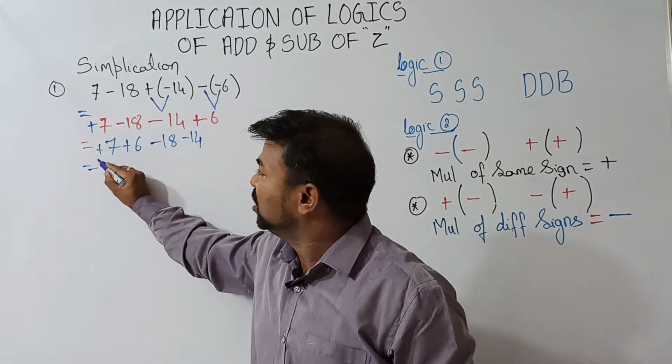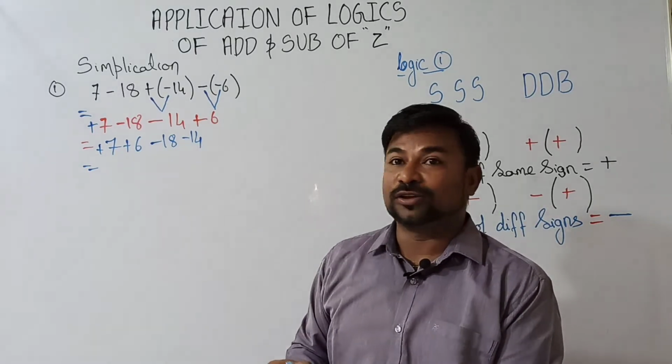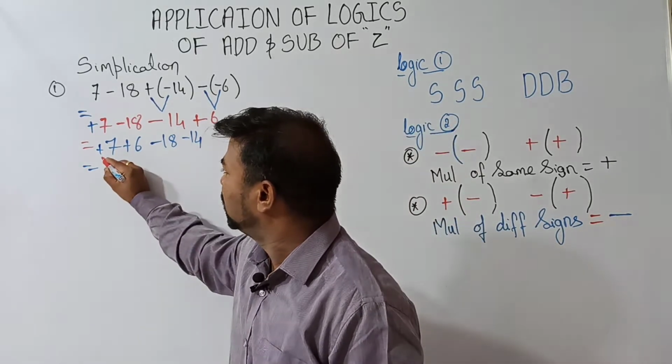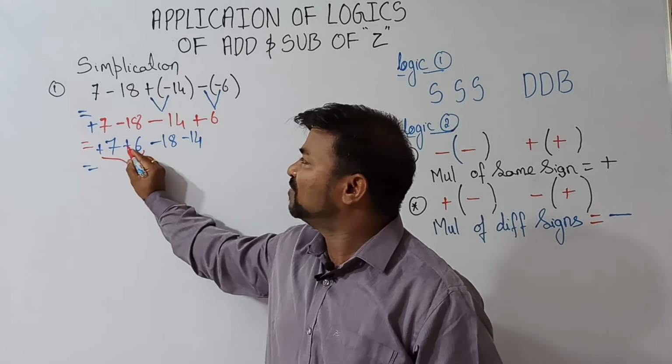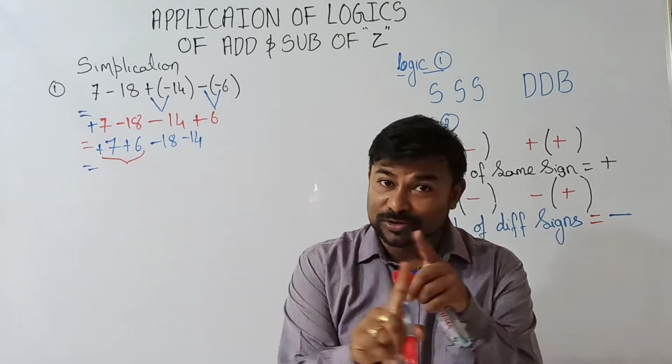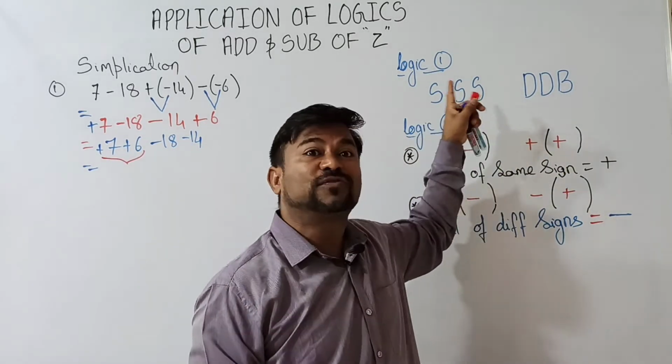In these two also, if you check, in this concept we are having same signs. There is no multiplication now. We are coming back to the first logic.